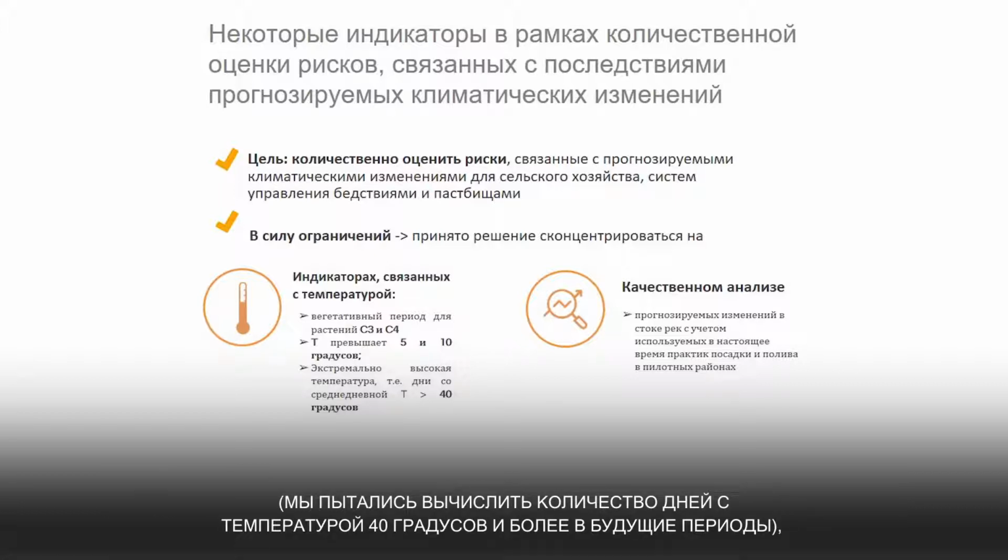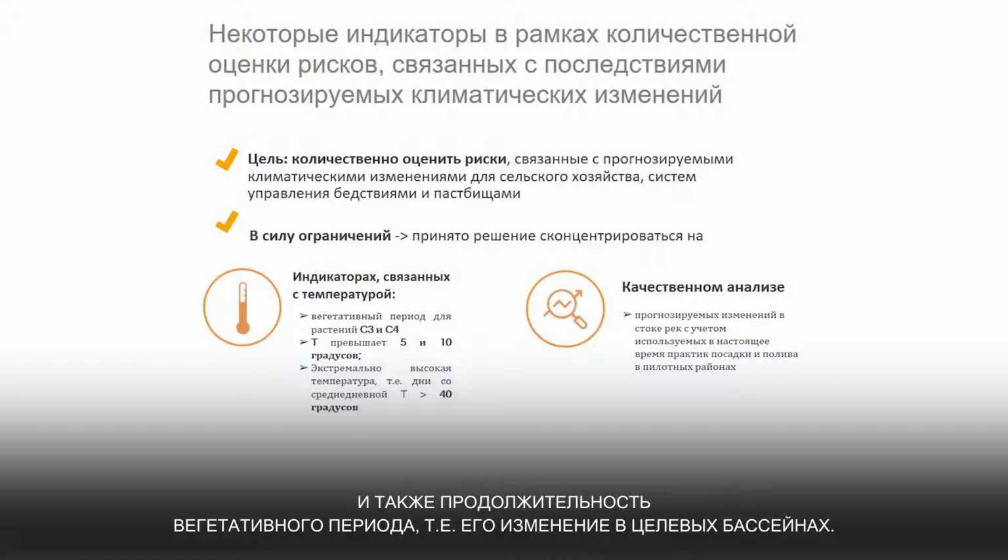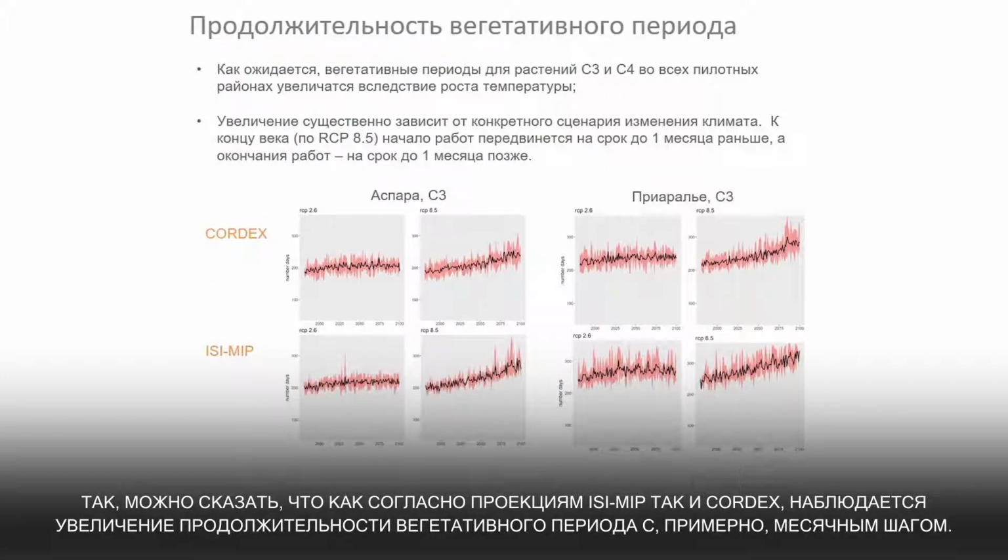We try to calculate how many days with temperature higher than 40 degrees will occur in the future periods, and also how the vegetation period will change in our catchments. So we can say that for both RCPs and for ISIMIP and CORDEX projections, we have an increase of the vegetation period and also some shifts of about 1 month.